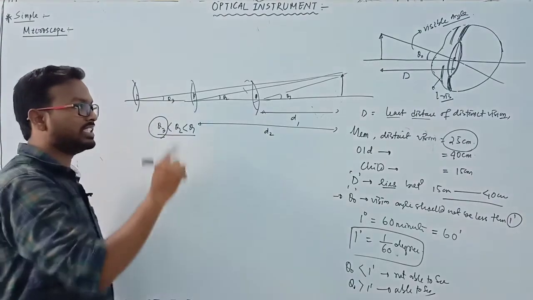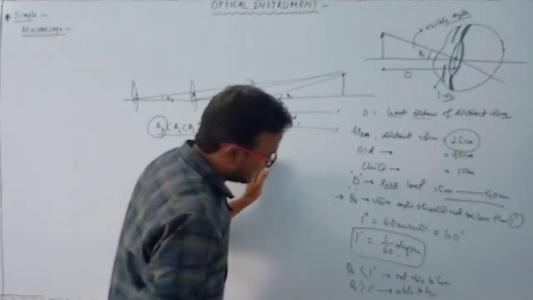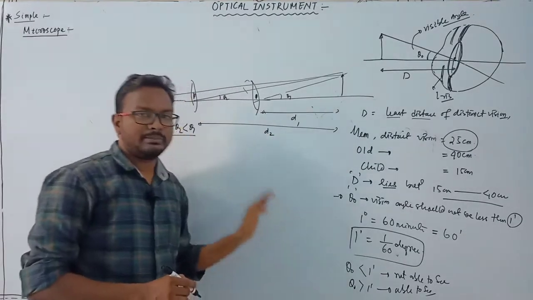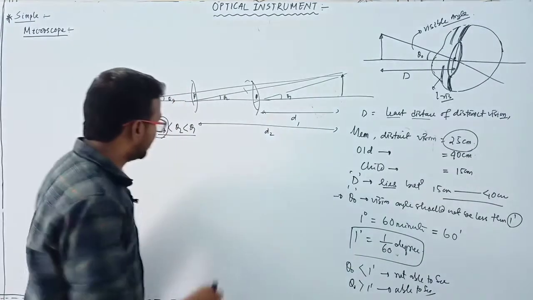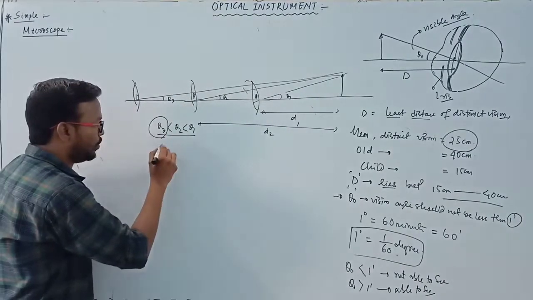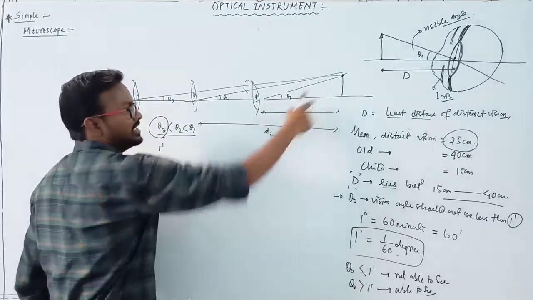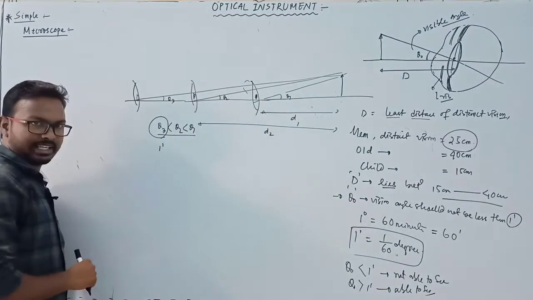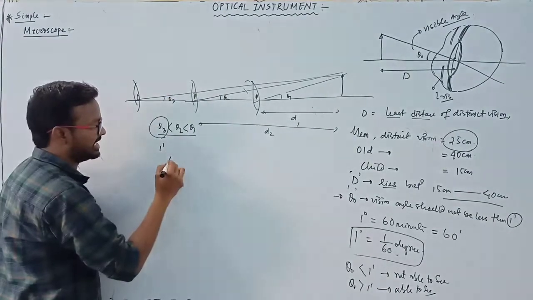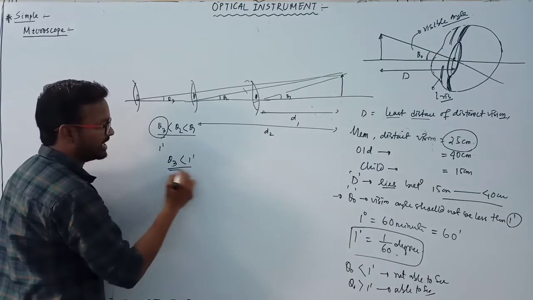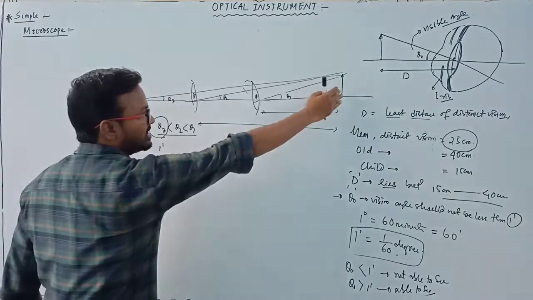We are able to see the image of an object only if the vision angle is not less than 1 degree. That means if this angle is 1 degree or more, then we are able to see this image with the naked eye. Clear? And if the angle, suppose this theta 3, is less than 1 degree, we cannot see the image of this object.